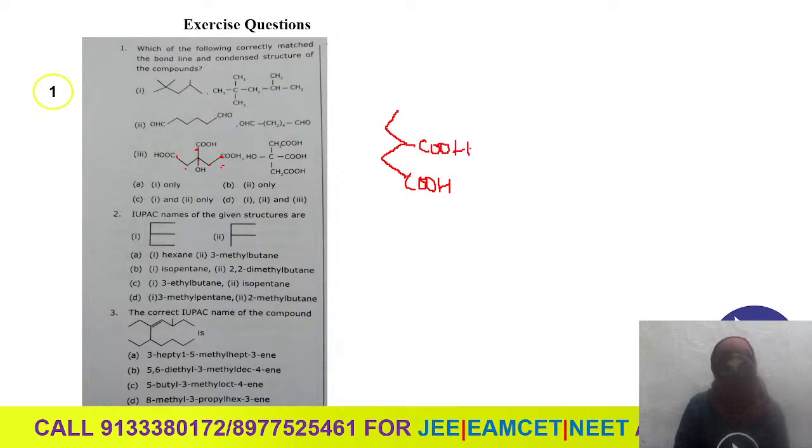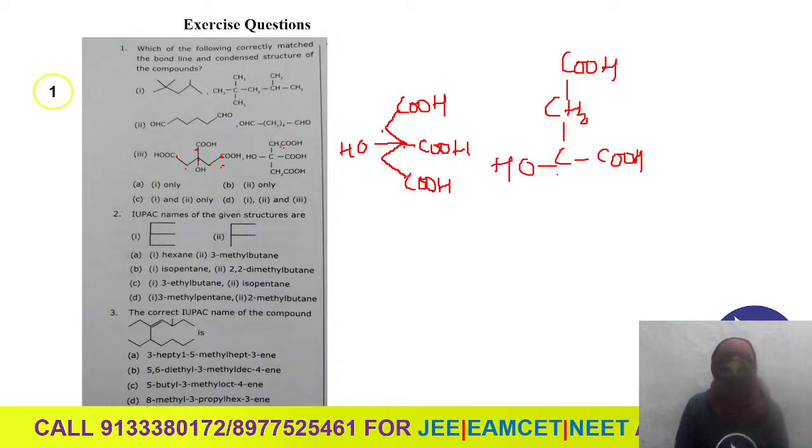I'm drawing in the vertical way so that you can easily write. 1, 2, 3, 4, 5, 6. 1, 2, 3, 4. So what do you think? The answer is there. Here they have written CH2, COOH. Then they have written C, COOH. Then here they wrote OH. Here they wrote CH2. Here they wrote COOH. So what do you think? Is the third also right? Yes, third is also right. Hence the answer is going to be D.